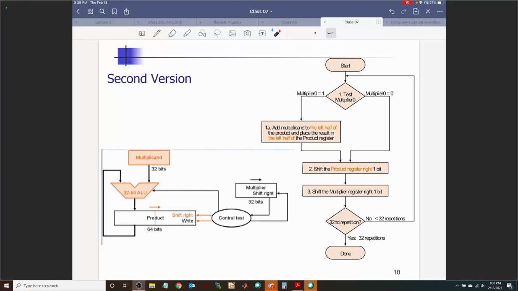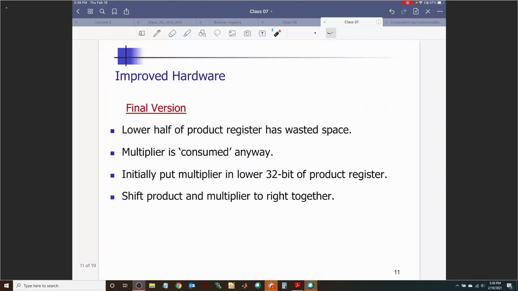All right. Now the final version, the most improved hardware as far as multiplication is concerned, for the 32-bit multiplication is this. What we can do is use the product register. The lower half of the product register is going to have a wasted space.